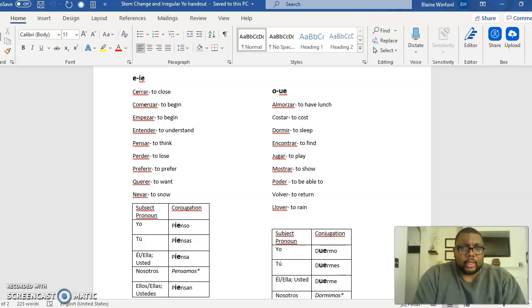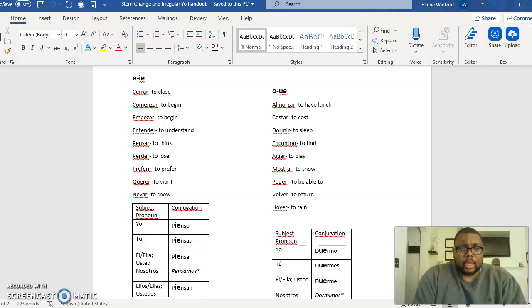Actually, before we get to that, let me talk about where you should expect a stem change. For stem changing verbs, the stem change typically ends up being at the next to last syllable, right? So the second to last syllable is typically where you're going to find a stem change.